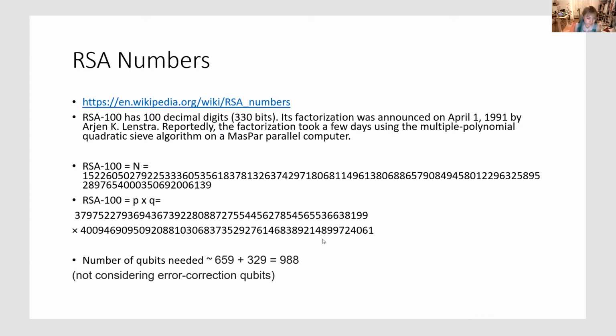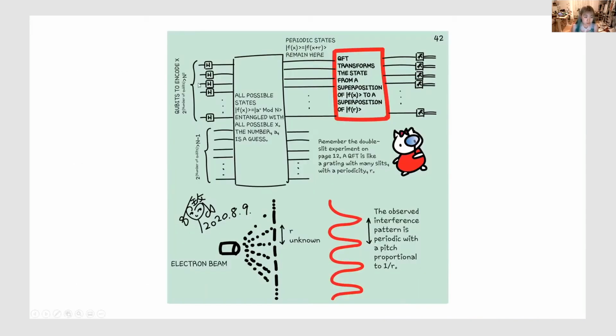And if we want to calculate how many qubits are needed to run Shor's algorithm to break this N, I quickly did a calculation based on this rule here.